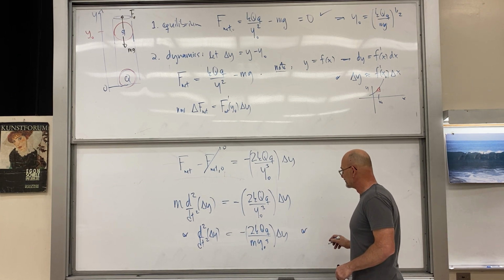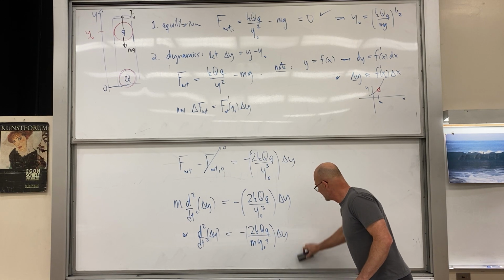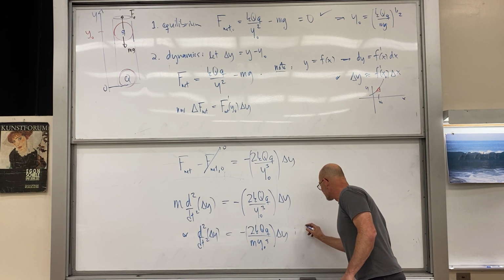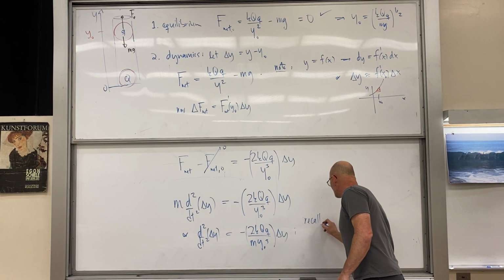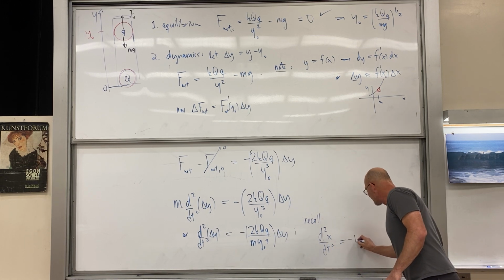I'm just going to write, because you learned it this way last semester, recall d squared x dt squared equals minus omega squared x.